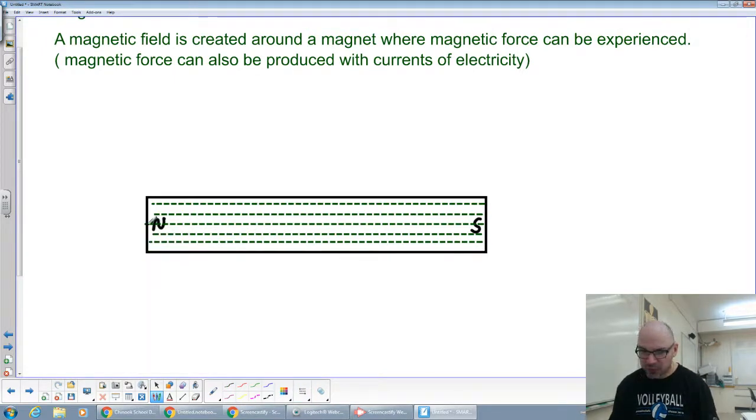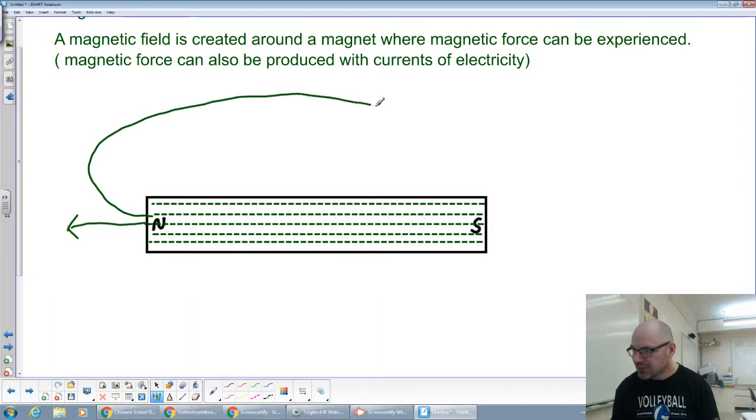Okay, so that first one comes out like this. Okay, then this one here, we're going to come out. We're going to bend it around nicely, do a nice even loop like this, and get back into it here in the South Pole.